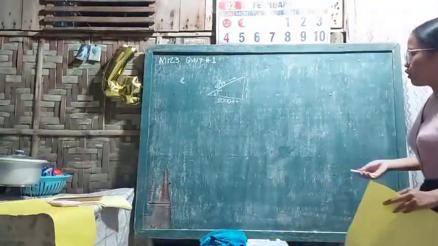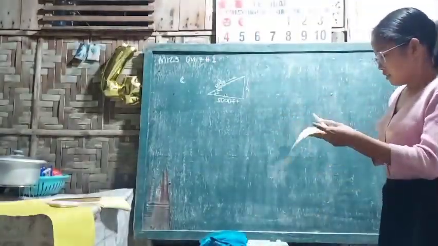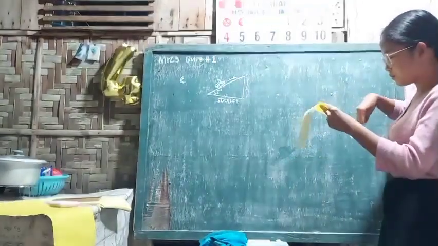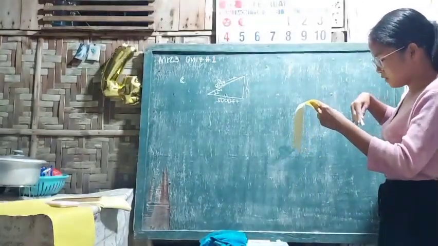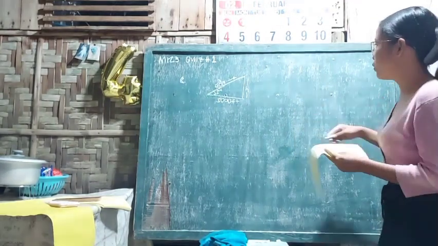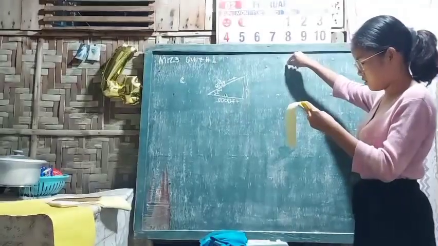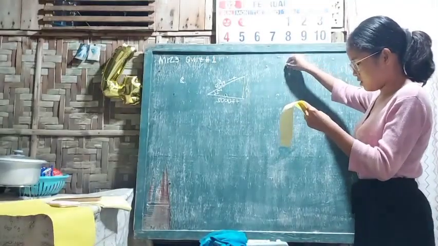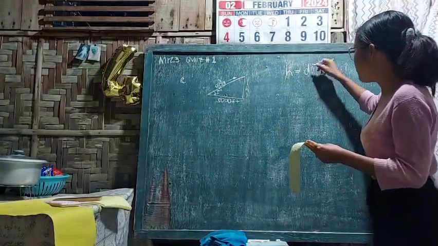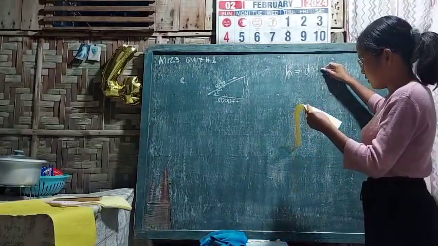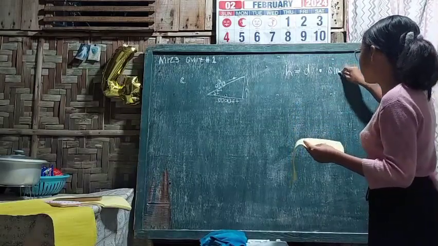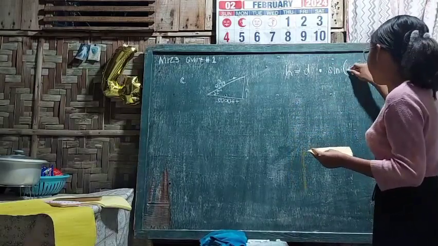So to look for the height, we are going to use height is equal to distance multiplied by sine 5 degrees.